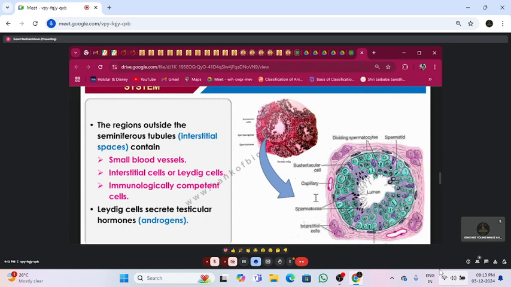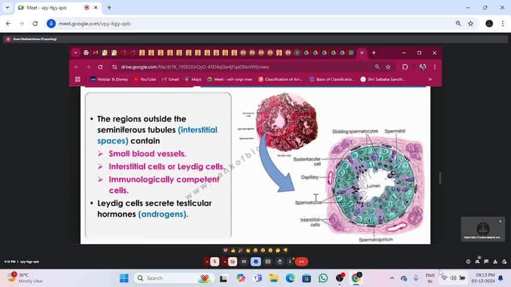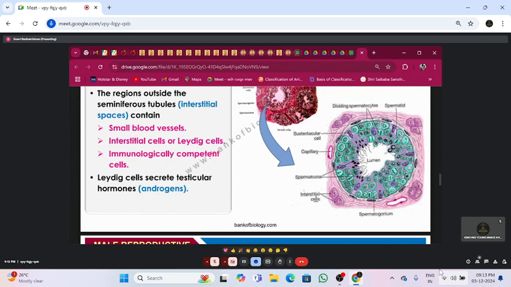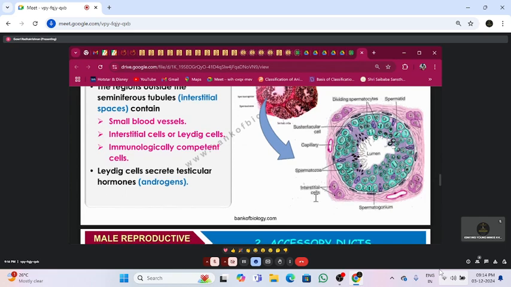Immunologically competent cells are also there. So three things are there in the interstitial space: blood vessels, Leydig cells, and some other competent cells. Leydig cells are very important because they secrete the testicular hormone, androgen.